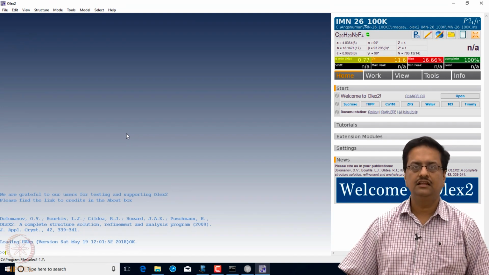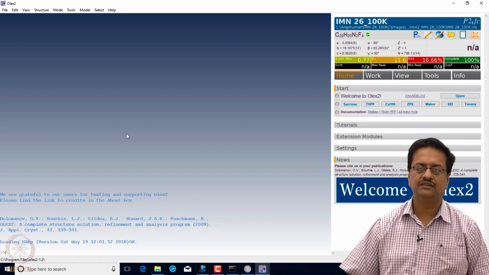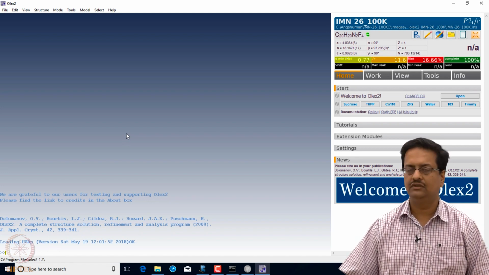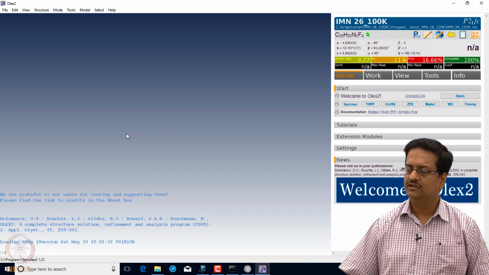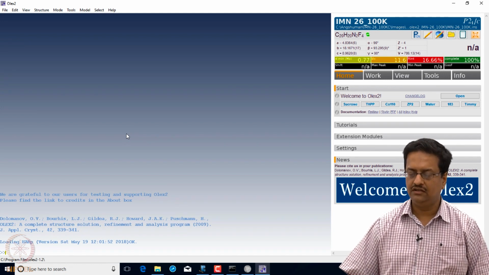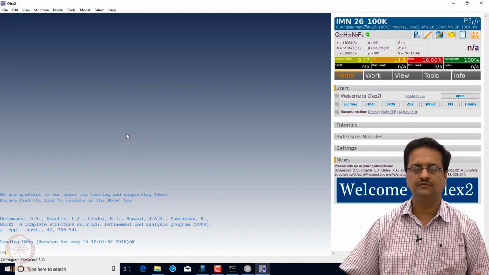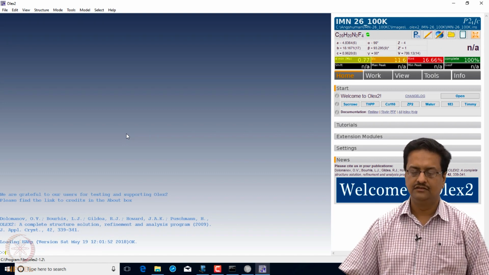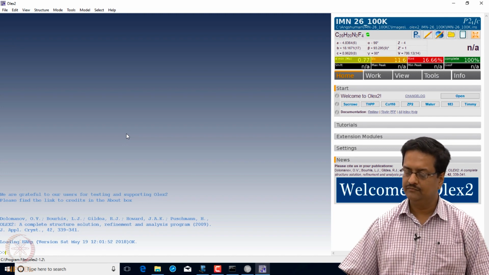This is a large platform where a large number of crystallographic small packages are incorporated together, where you need access to SHELX as well to run any SHELX programs. For that you need a separate license to be obtained from the SHELX team led by George Sheldrick from Germany.